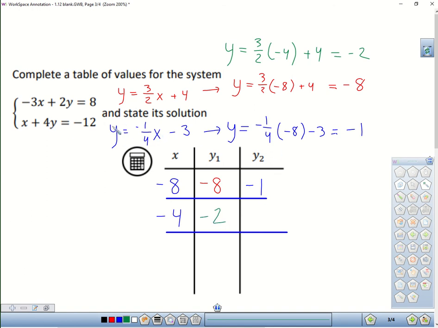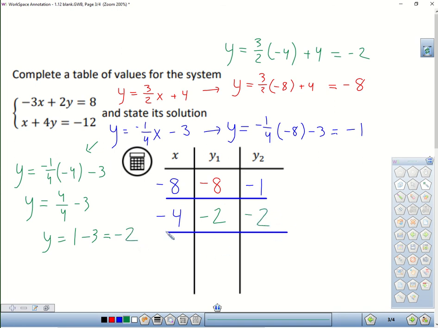And I'm also going to plug into this one. So y equals -1/4 times -4 minus 3. That would become 4/4 minus 3. 1 minus 3 is, what do you guys think? -2.